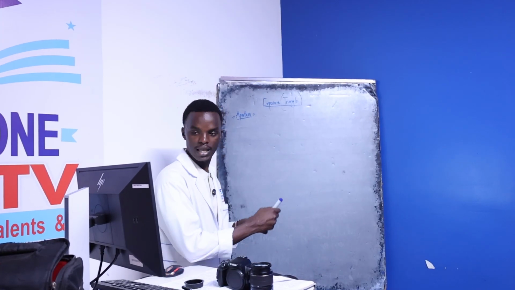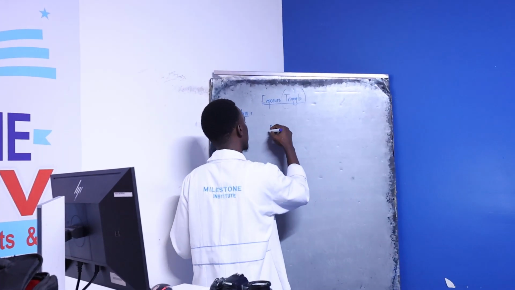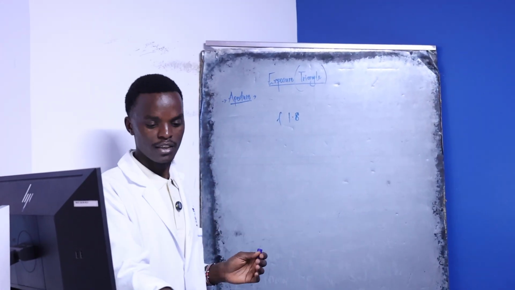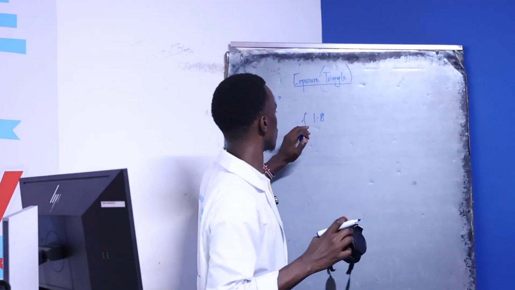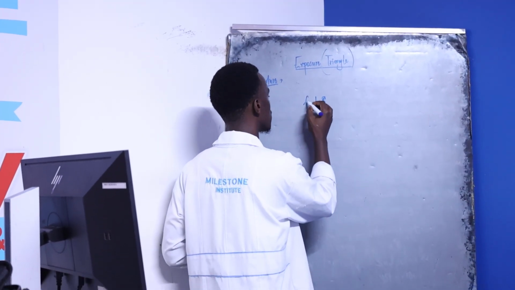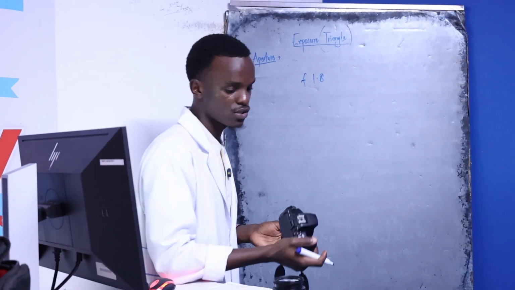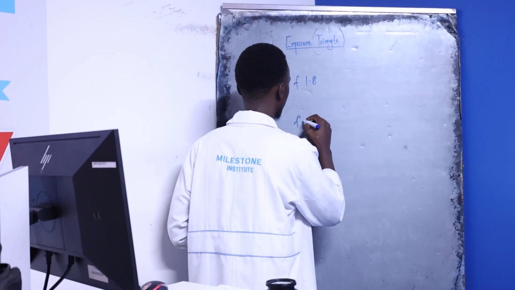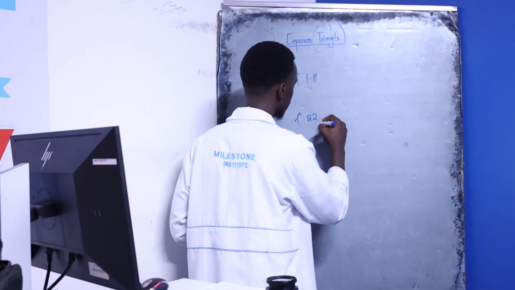We have a very good example of an f number, f1.8. Once you go to your camera screen, you'll never find the word aperture. You'll come across the f, and that is the measurement of the aperture. So you have f1.8, and you also have f22.